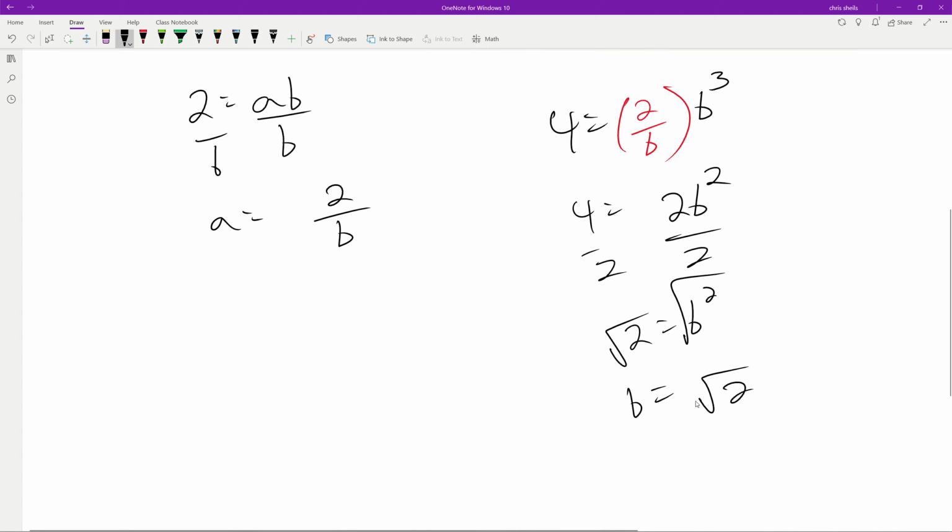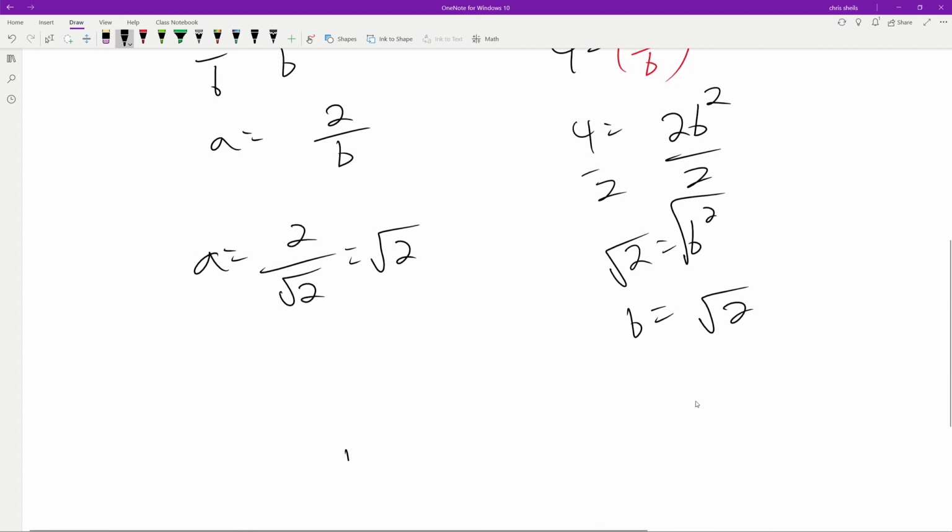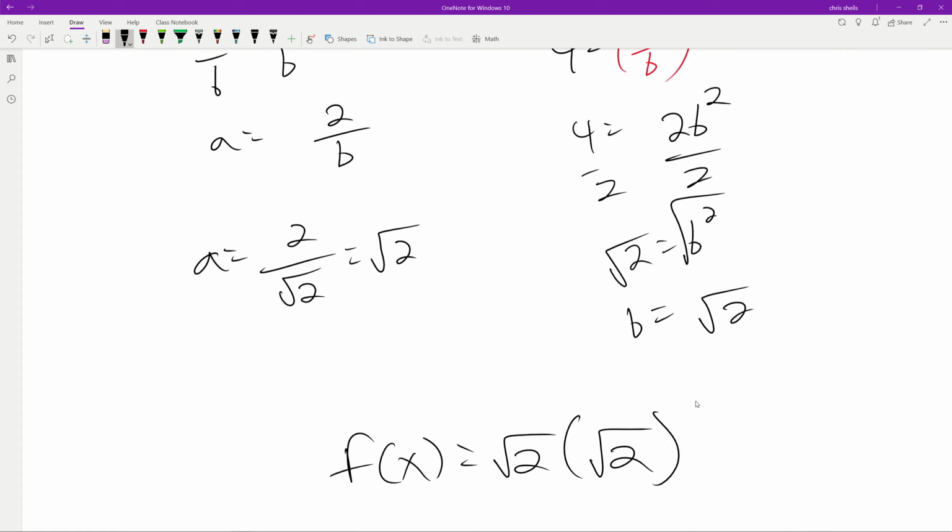And we said that a was 2 divided by b, so a is 2 divided by the square root of 2, which is the square root of 2. So our final equation here is f of x equals square root of 2 times square root of 2 to the x power.